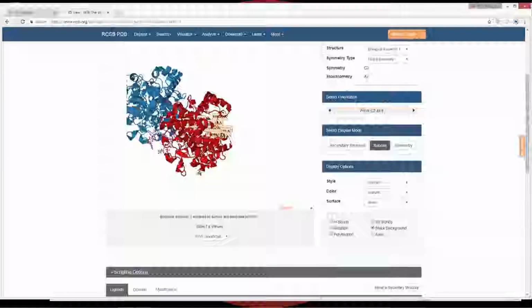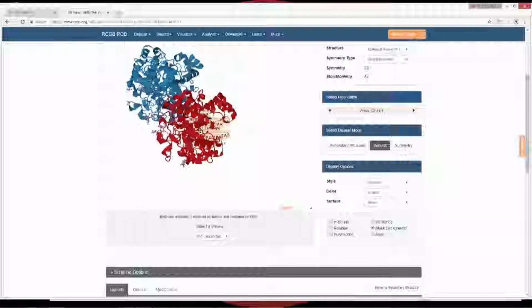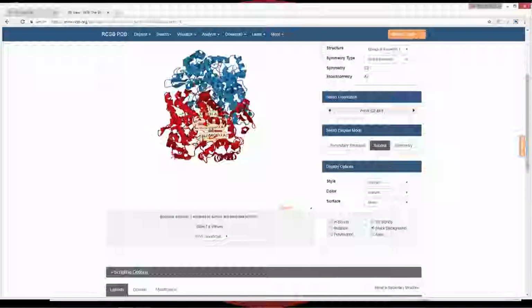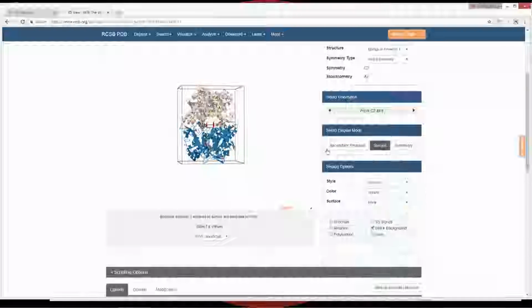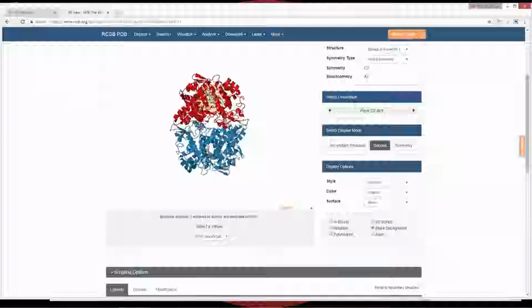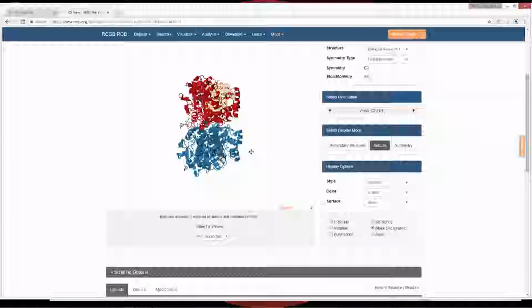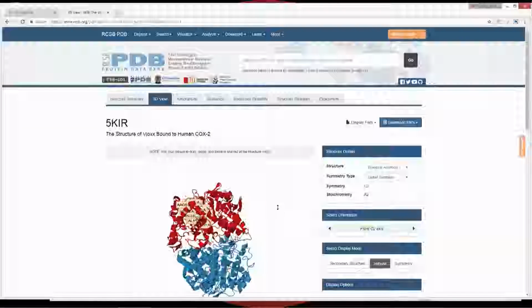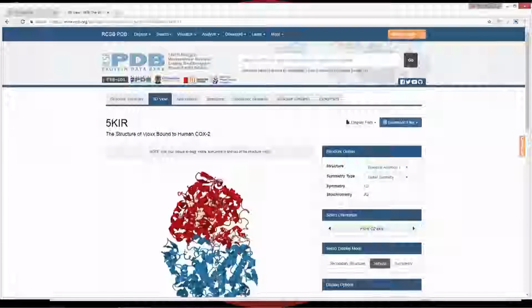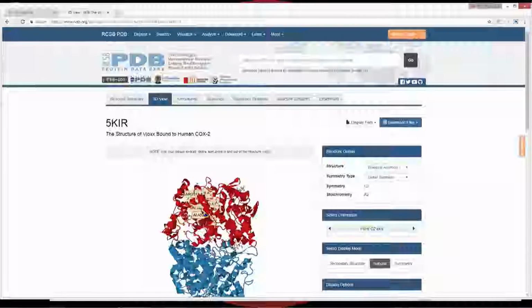We can look at how Vioxx is present, as you can see here. Vioxx is present inside this particular cyclooxygenase 2 protein. You can see it here.